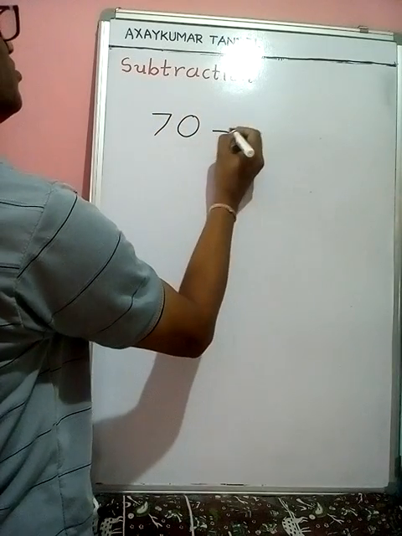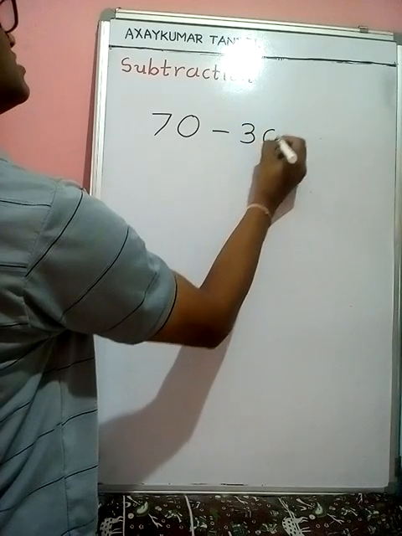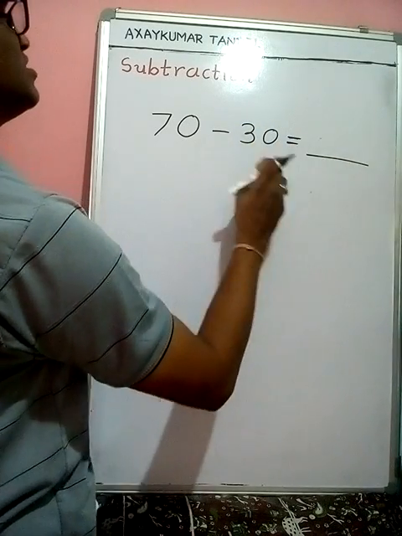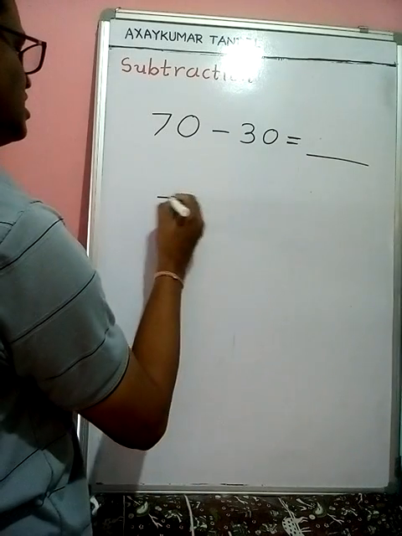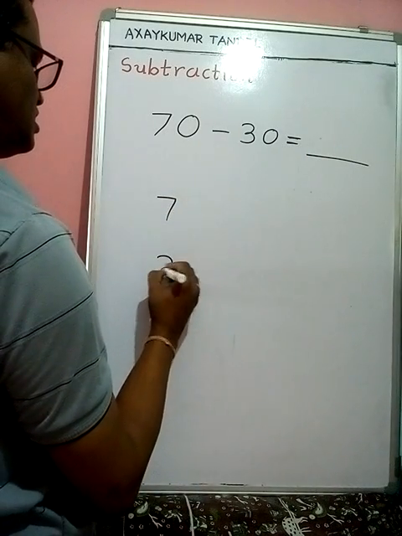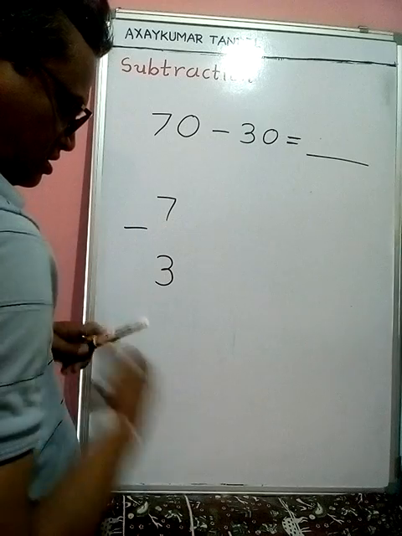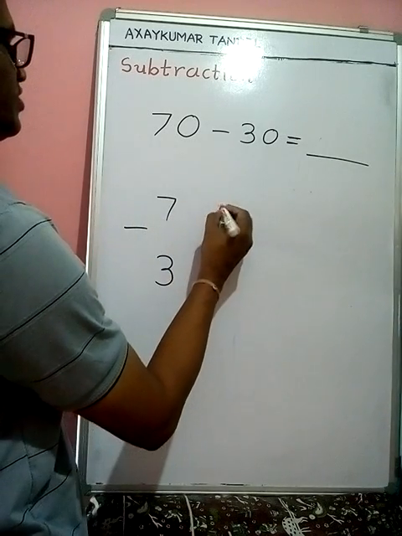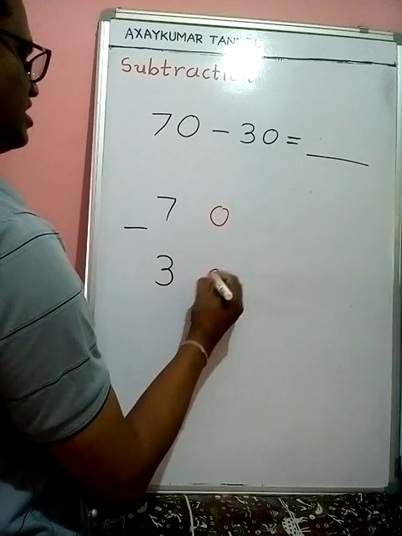70 minus 30. How many? We write tens with black color and units with red color.